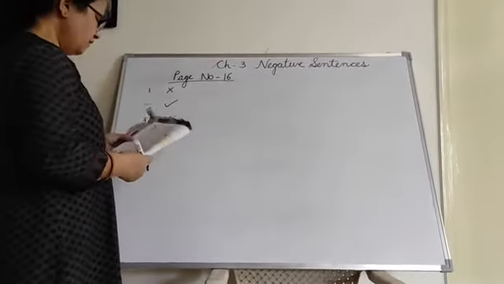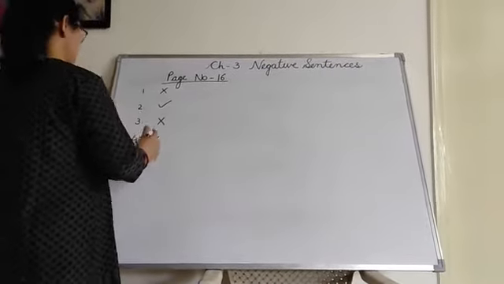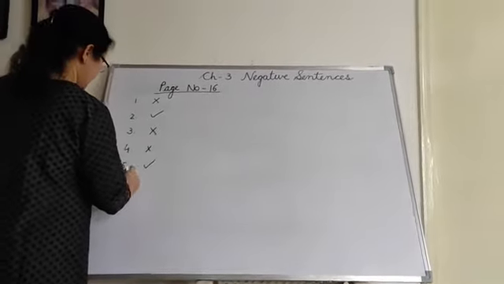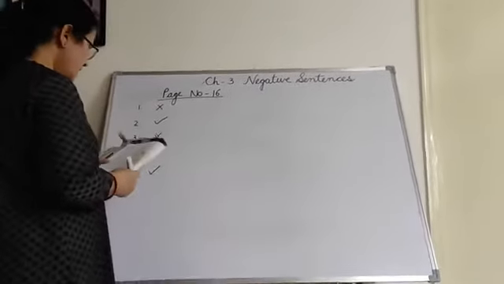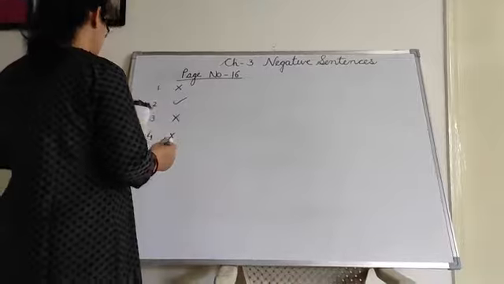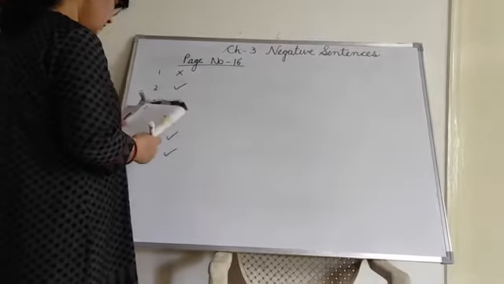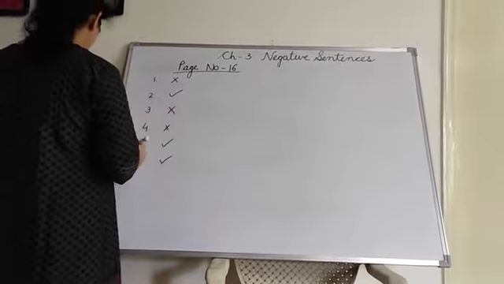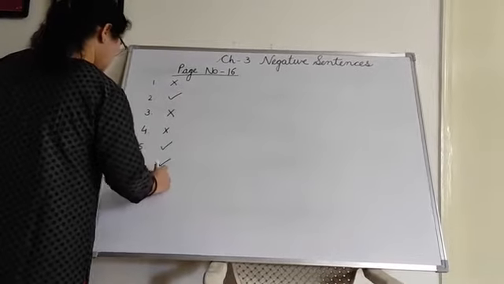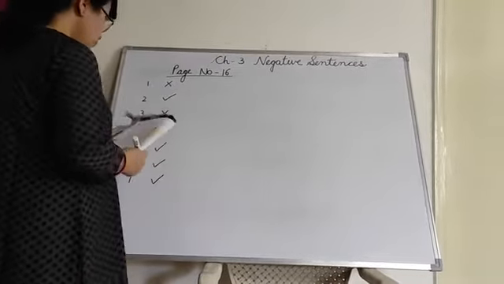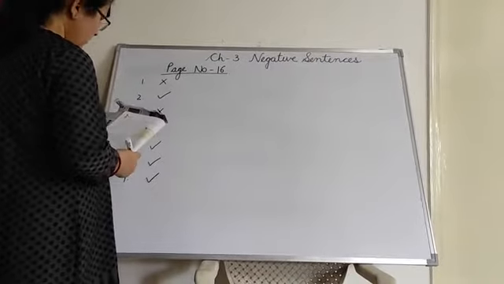Then we do not eat meat. It is correct. Then I do not like spinach. It is correct. Then they do not go out much. It is correct. Pooja, no, not swimming.